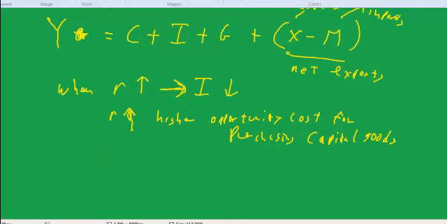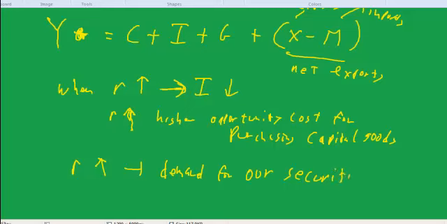And now I'm going to have a sort of a complicated cause and effect story. So first of all, when the interest rate goes up, the demand for our securities goes up.